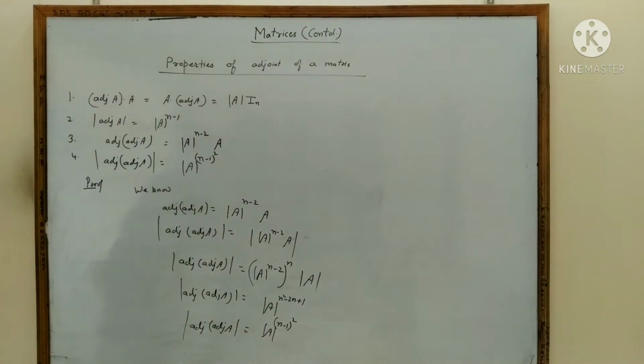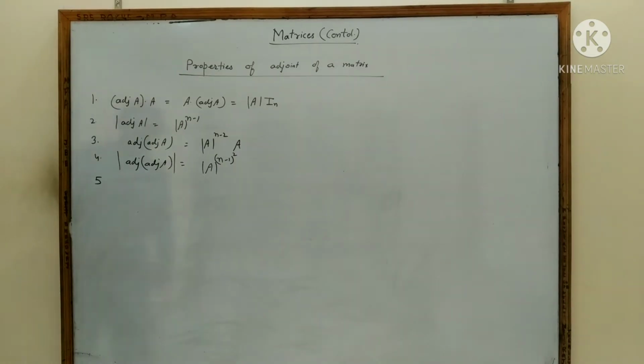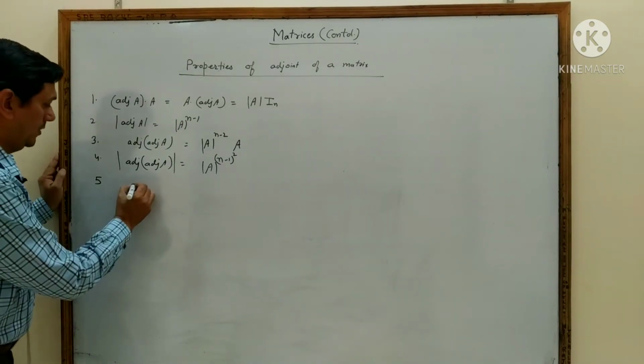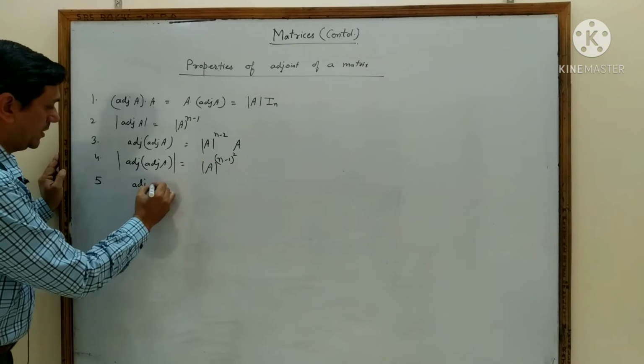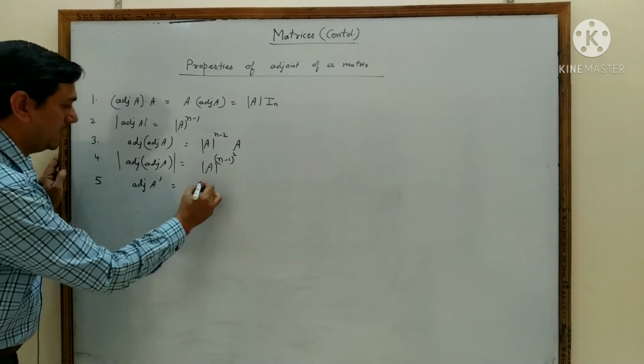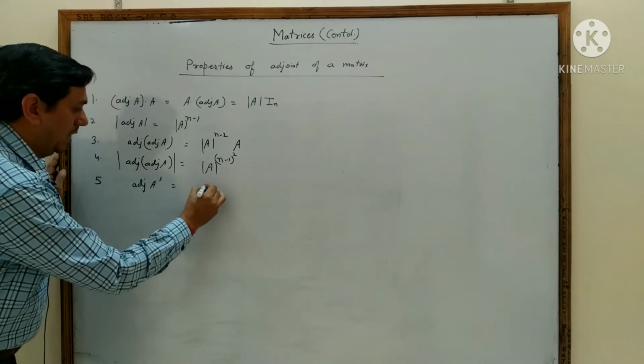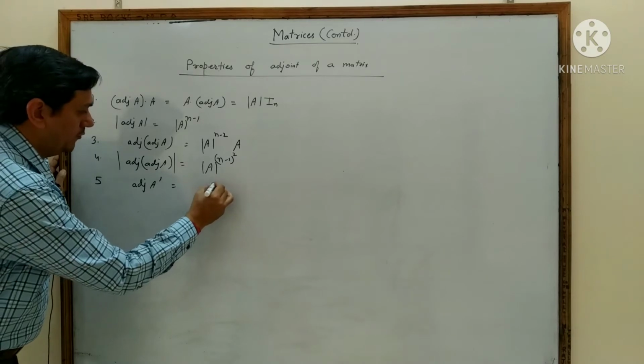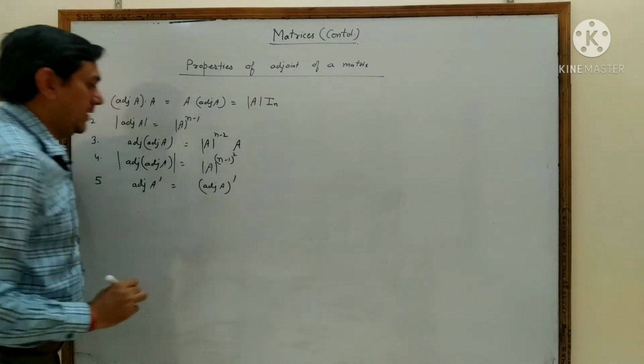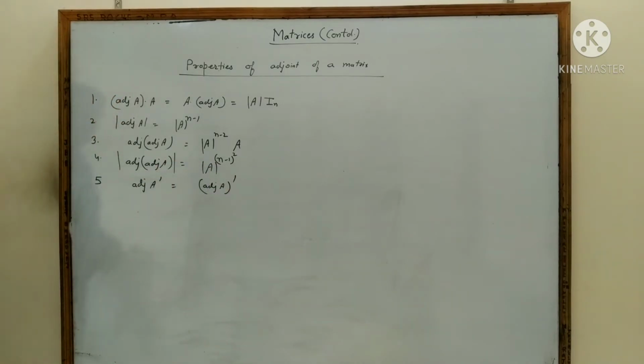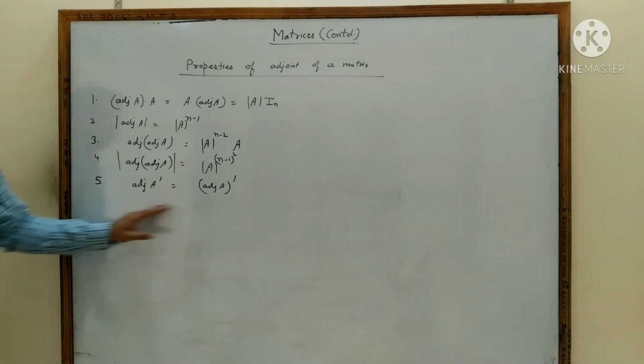Now we come to the next property. In this property we have the adjoint of the transpose of a matrix is equal to the transpose of the adjoint of the matrix. Actually it seems there is no difference between the LHS and RHS when we read it as it is written.